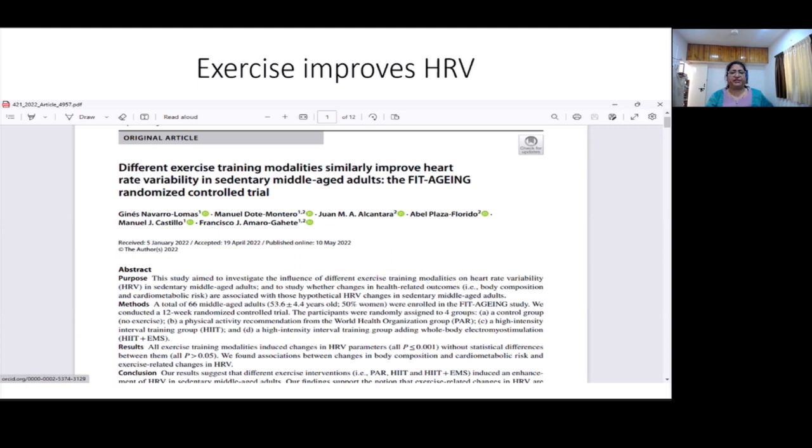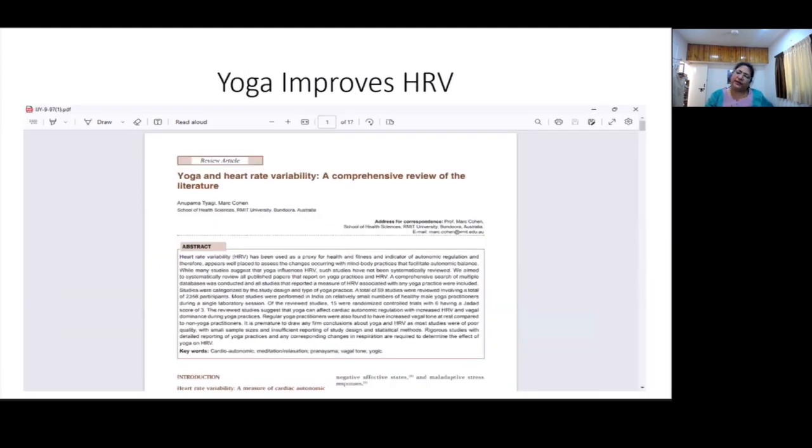There are a lot of other studies which have taken yoga as a measure, and this review article also demonstrated that yoga improves HRV. So definitely these techniques have a lot of impact on resilience building, and they might be very, very helpful in our goal of patient treatment.